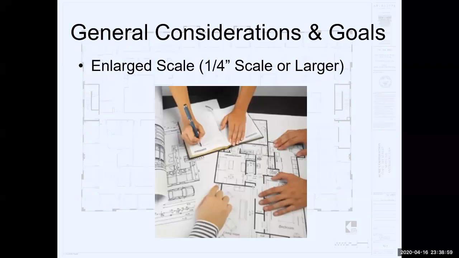All right, so the goals are to take that enlarged plan that we had, that 1/4 inch or even larger, and start describing things that are going on in that space in more detail.